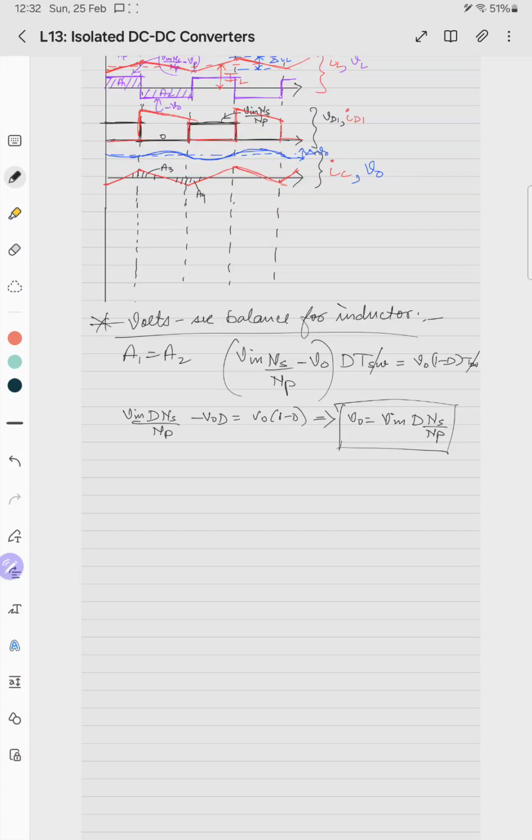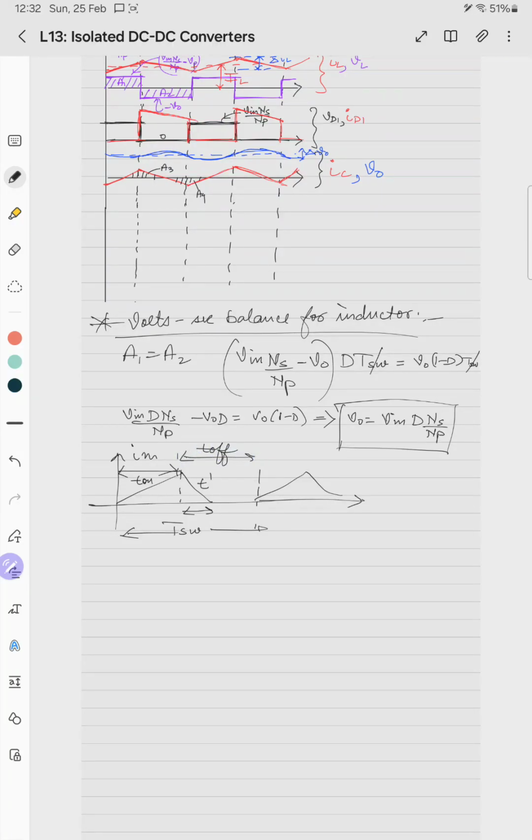As we said, this is IM. This is the capital T switching, and this is T on. So what happens is, this is some T dash, and this is T off.